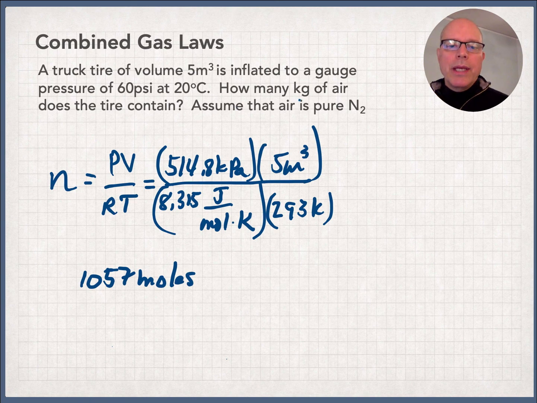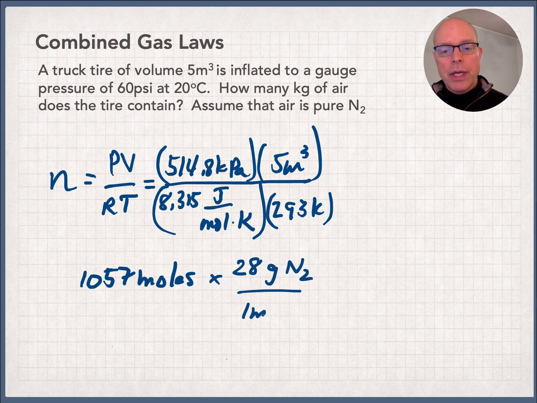When they ask me how many kilograms of air the tire contains, I'm now going from moles to grams or moles to kilograms. Check it out now. What I have to do is actually remember that nitrogen is diatomic. So if I need to get into mass units, the molar mass of N is 14 grams per mole. The molar mass of N2 is 28 grams of N2 per 1 mole.